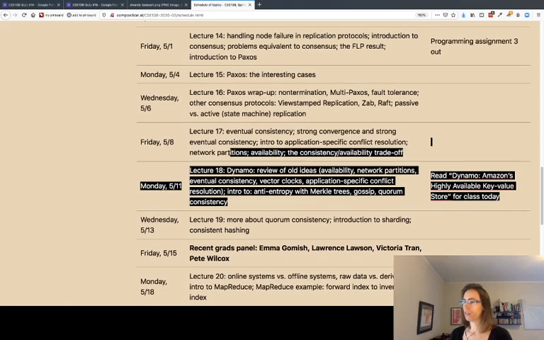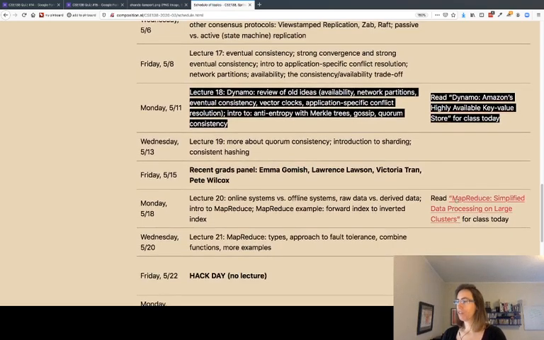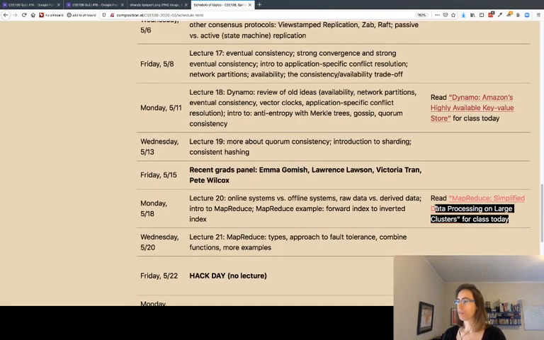This is a distributed systems paper, came out in 2007, kind of a modern classic. We're going to be discussing it in class and hitting the highlights, but you should also read it yourself as preparation for class next Monday. And then for the Monday after that, we have another reading assignment, the MapReduce paper, another modern classic of distributed systems from the 2000s.